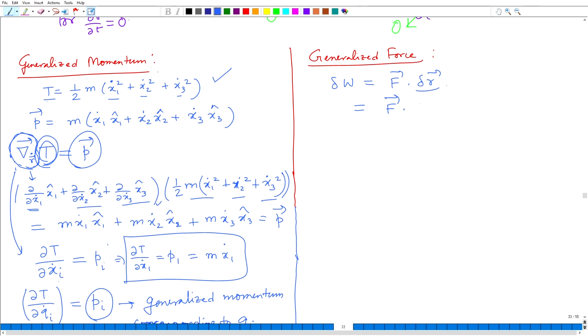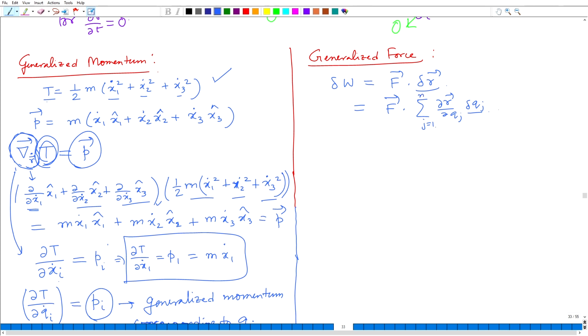This is given by the summation over del r/del qj delta qj, there is no delta t, and j goes from 1 to n.